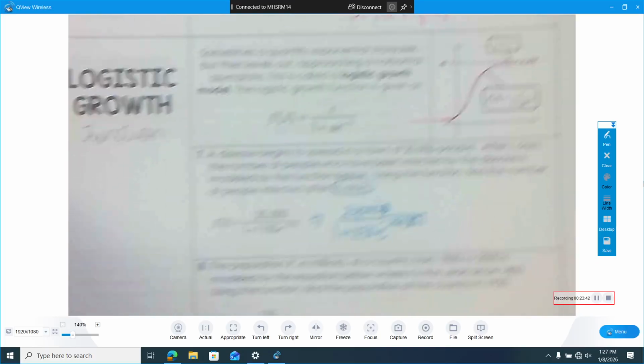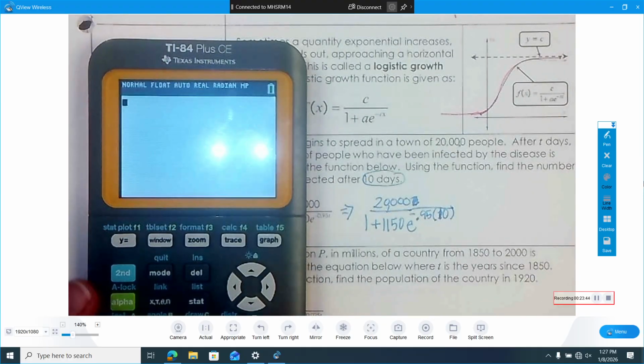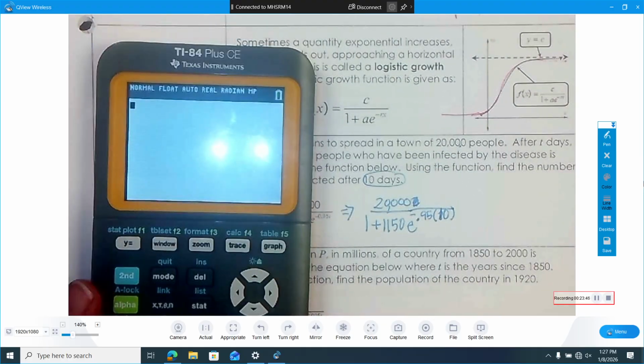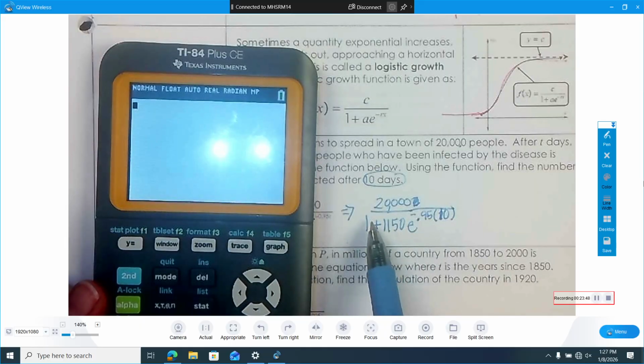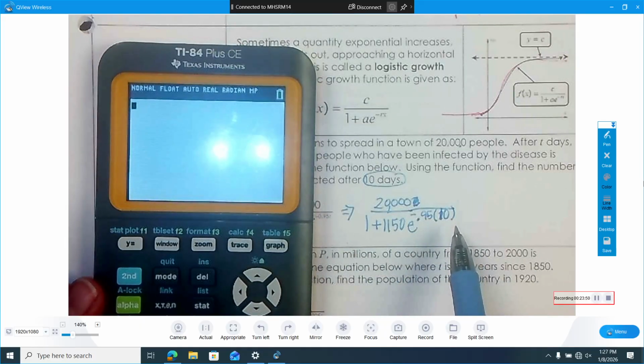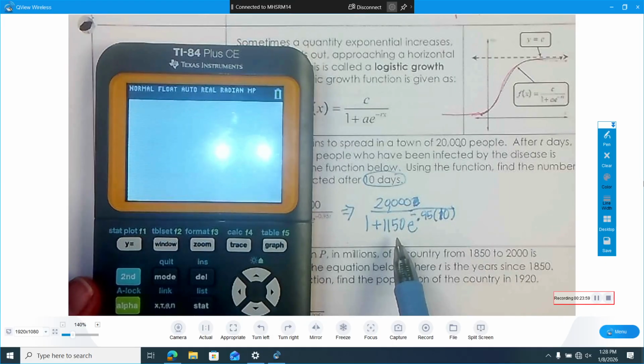Now, what's going to be problematic with this? So it's hard to plug into your calculator. That's what's problematic. How do you guys want to do this? So we could do that. You could do the denominator first and then do 20,000 divided by that answer.